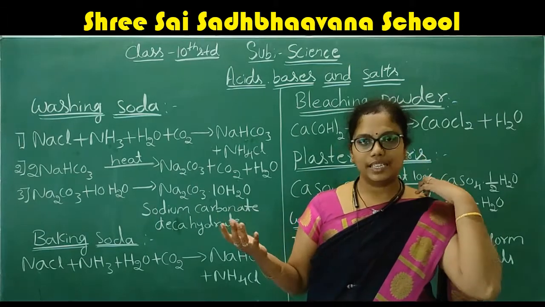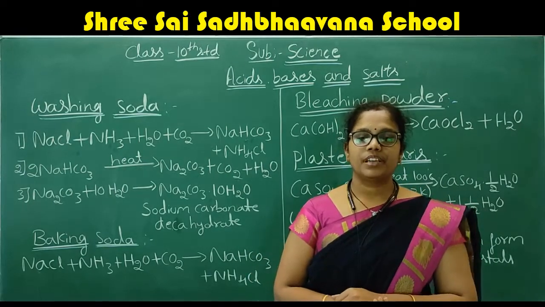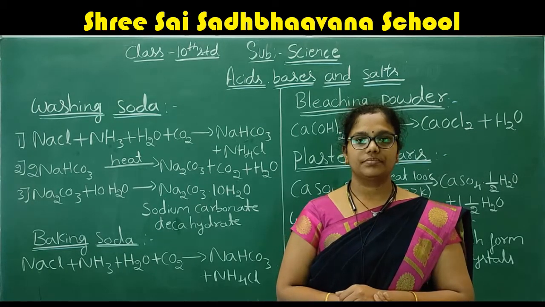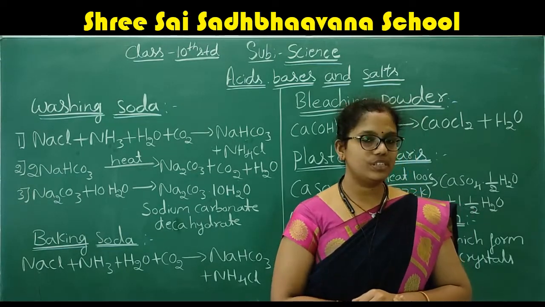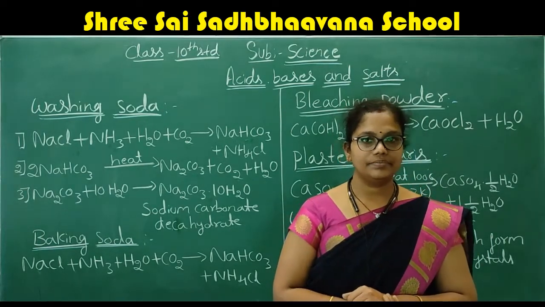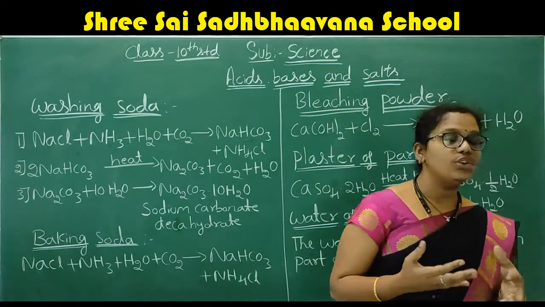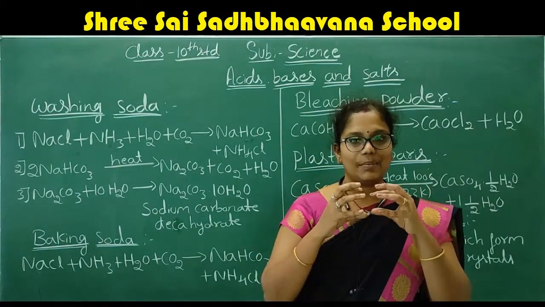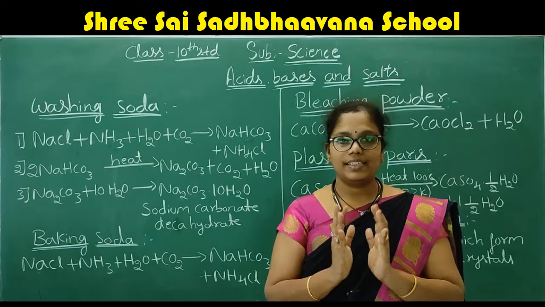Why are we going to use this baking soda for the preparation of cake, pakodas, bhajis or puff? What is the main reason? If you want to get the cake in a pulpy form, we want some gas to be present in the cake.